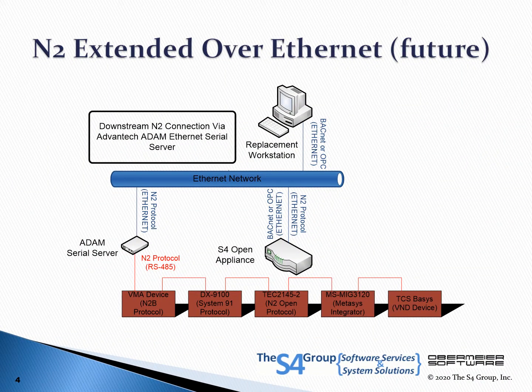A future enhancement will be to utilize commercially available Ethernet serial servers instead of physically connecting the N2 bus to the N2 router. It is anticipated that the feature will be utilized to access devices in remote locations of a building or on campuses where a robust Ethernet network is available.